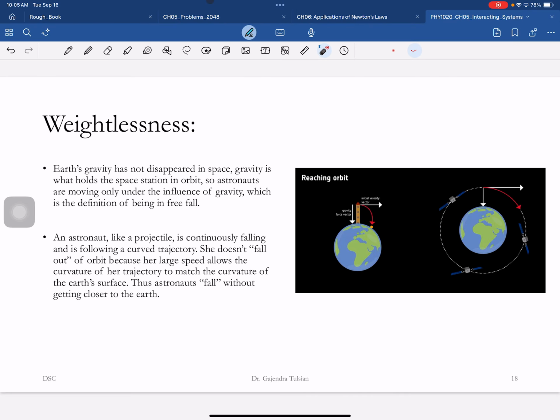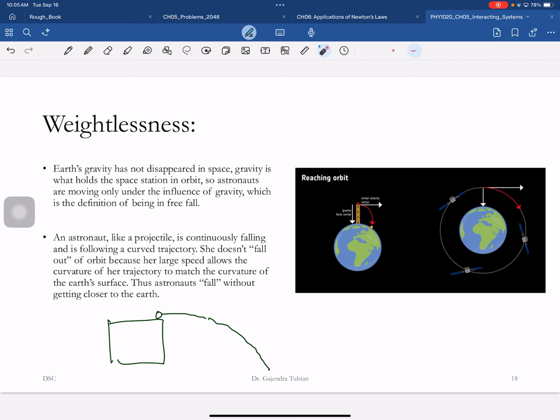An astronaut, like a projectile, is continuously falling and is following a curved trajectory. That was a curved trajectory when that object fell. When you shoot it, the object goes on a curved trajectory. This is a parabola, a parabolic trajectory.